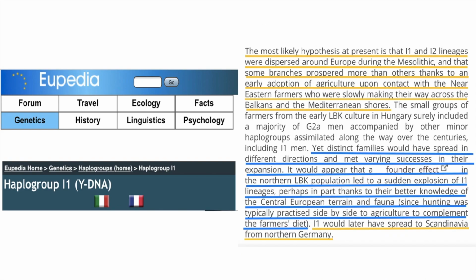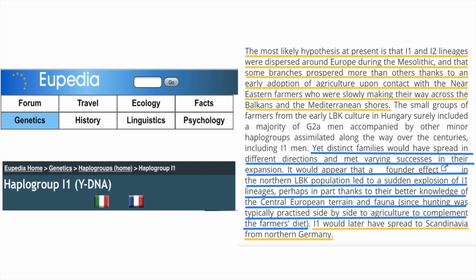The most likely hypothesis at present is that I1 and I2 lineages were dispersed around Europe during the Mesolithic, and that some branches prospered more than others thanks to an early adoption of agriculture upon contact with the Near Eastern farmers who were slowly making their way across the Balkans and the Mediterranean shores.